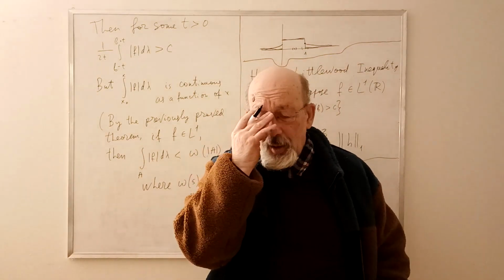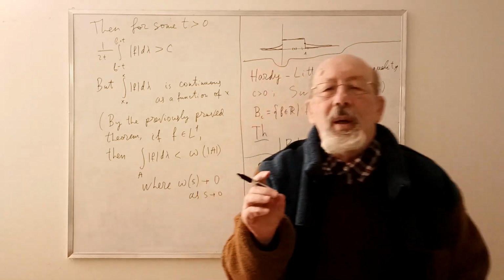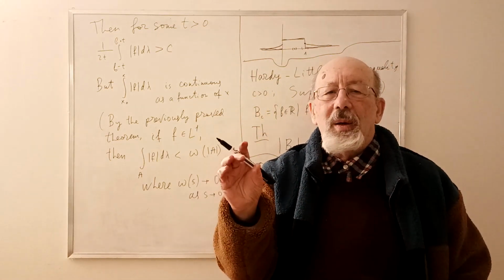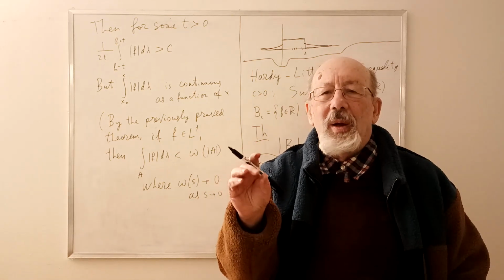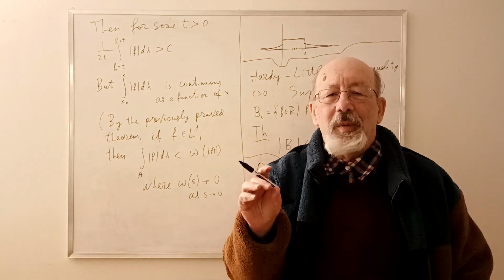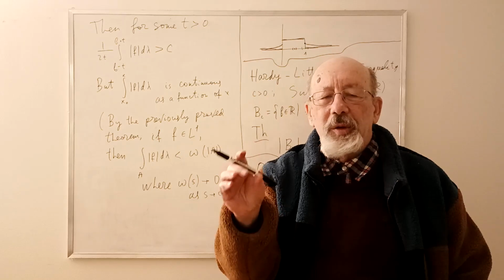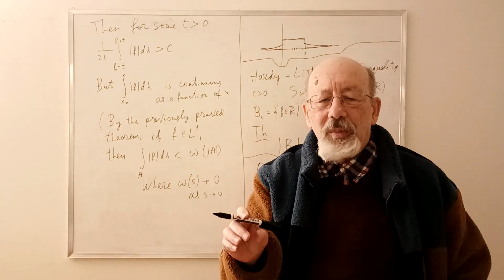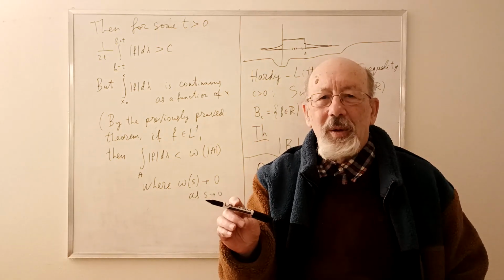that the integral of the modulus of an integrable function over sets of small measure is bounded by some function of the measure, so it goes to zero if the measure of the set goes to zero.